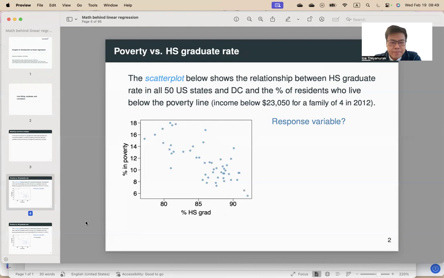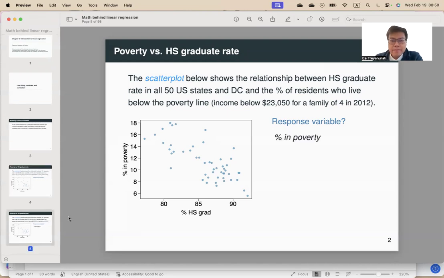Looking here, we can see that there is some kind of a relationship, but which variable is affected by the other variable? Which one influences the other one? It looks like high school graduation rate, just from our contextual knowledge of poverty and high school graduation, probably the high school graduation is what helps affect whether or not you live in poverty.